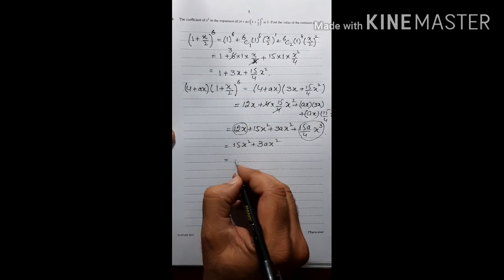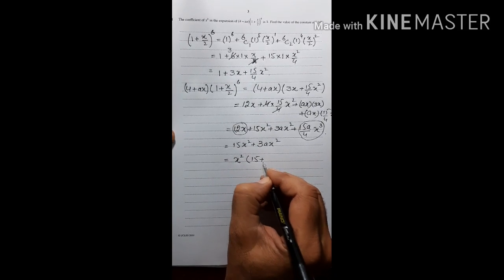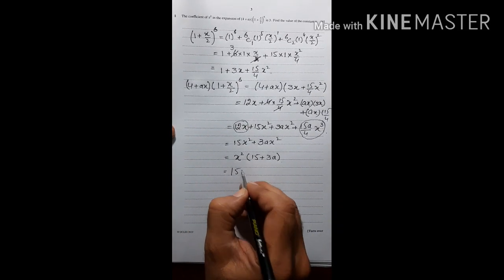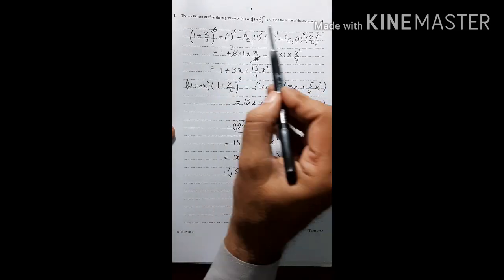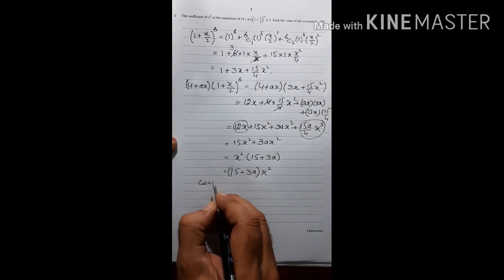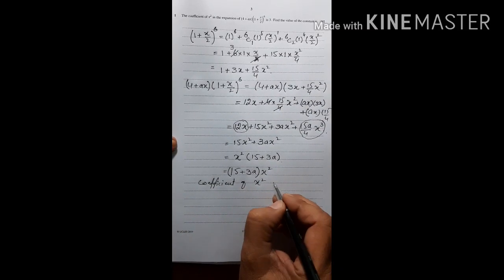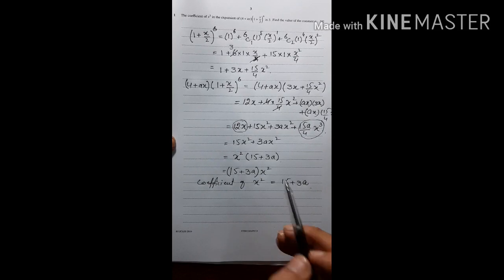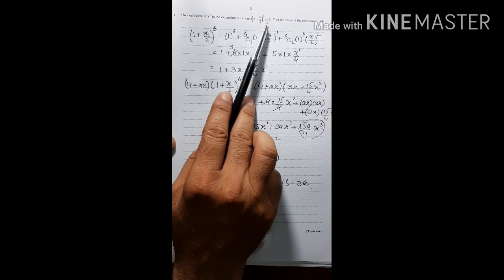Take x squared common, it becomes 15 + 3a. So the coefficient of x squared is 15 + 3a, but it is given that the coefficient of x squared in this whole expansion is 3.